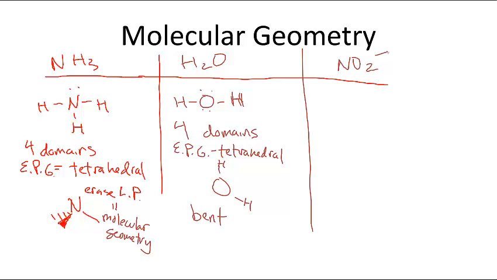All right, NO2 minus. And I didn't do this Lewis dot structure out, so you guys do it at your tables with me while I figure it out. I should know it. Try the Lewis dot structure for NO2 minus. 6, 12, 18.